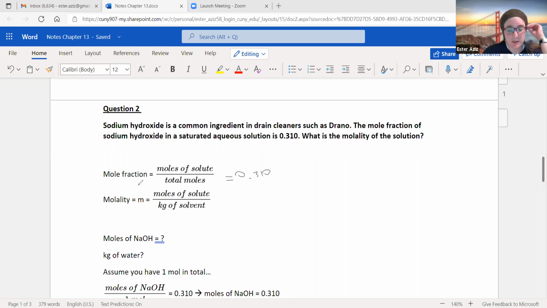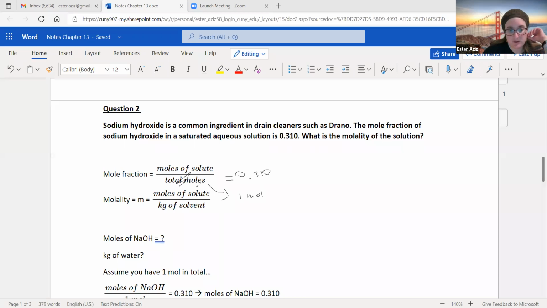So we were here, trying to find the molality. So we need to know the moles of solute. We know that the mole fraction is 0.310. So let's make an arbitrary number for total moles. Let's assume we have 1 mole in total. So let's assume we are working with 1 mole of this solution. In that case, moles of solute divided by 1 is equal to 0.310.